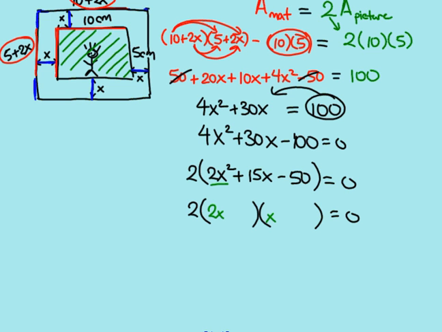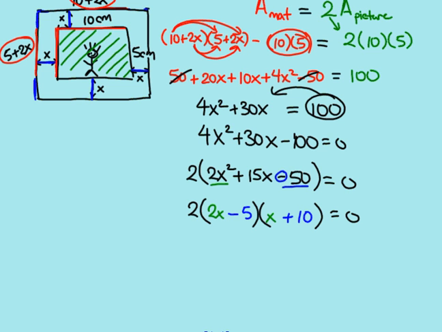And then I'm going to guess two numbers that multiply to negative 50: 10 and 5. Again, I'm just guessing, and with practice, you do this a little bit better each time. Now I want a negative 50, so one has to be positive and one has to be negative. We're going to go positive here and negative here.